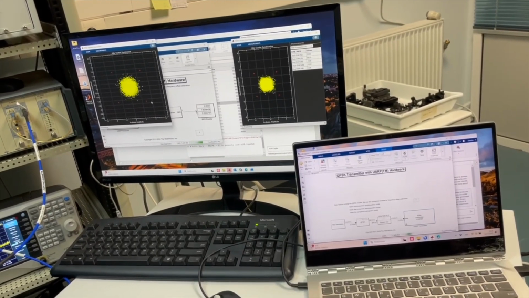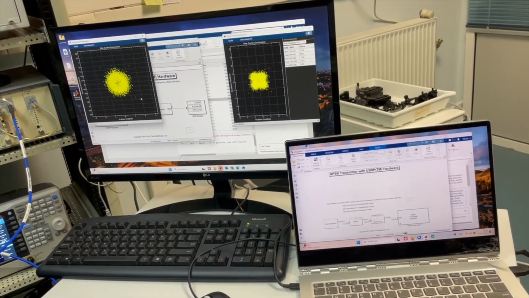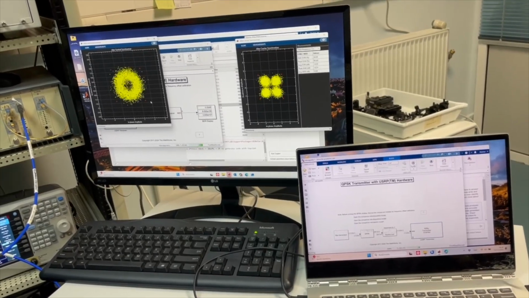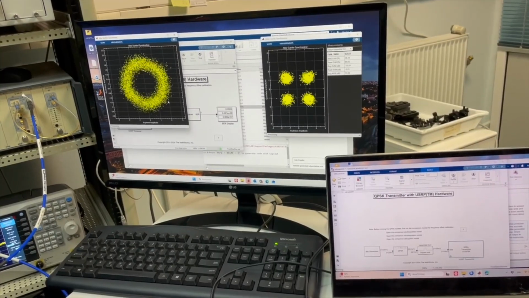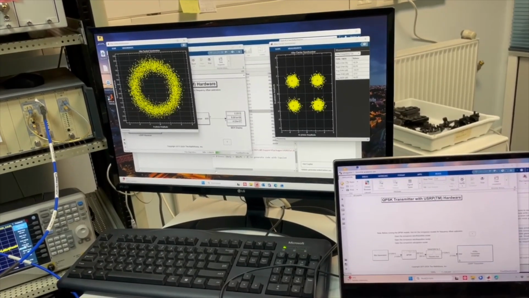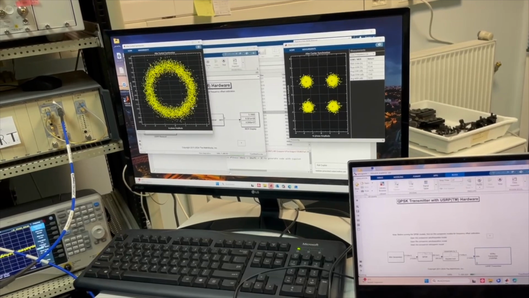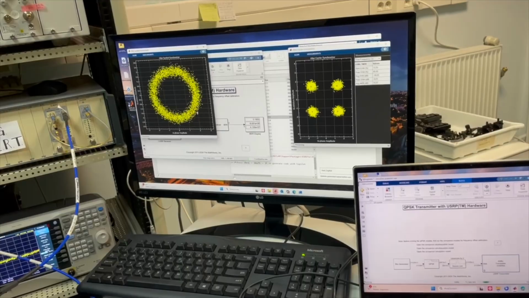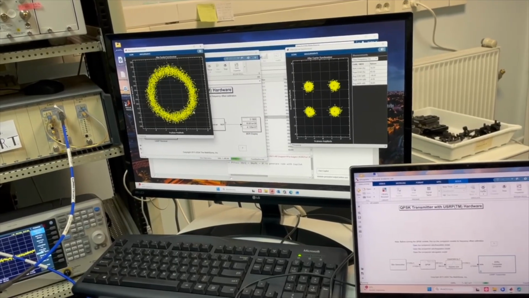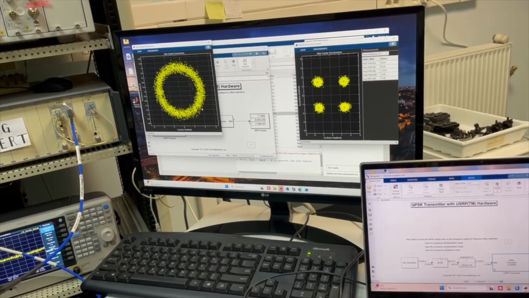Next, we observe how the constellation changes for different levels of received power. In -7 dBm. In -4 dBm. In 0 dBm. In 3 dBm. In 6 dBm.